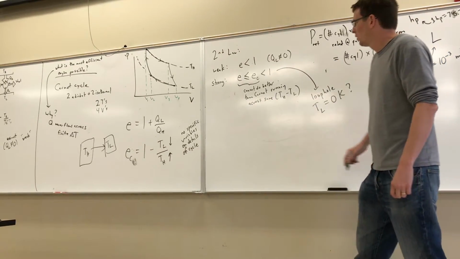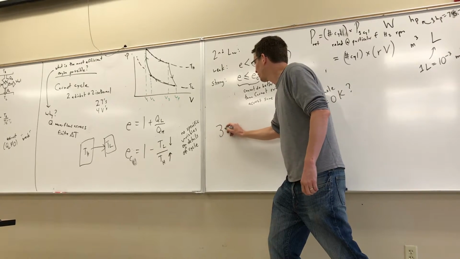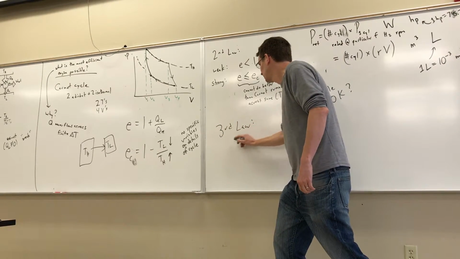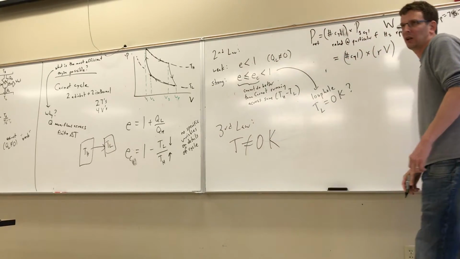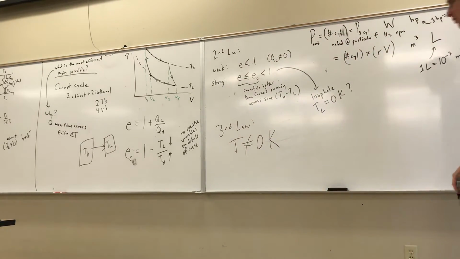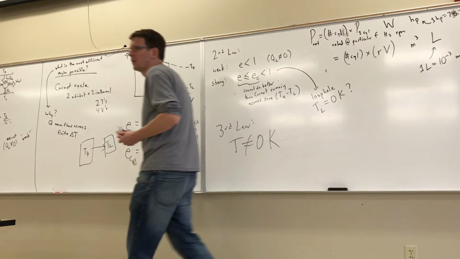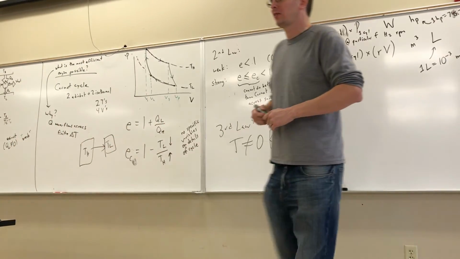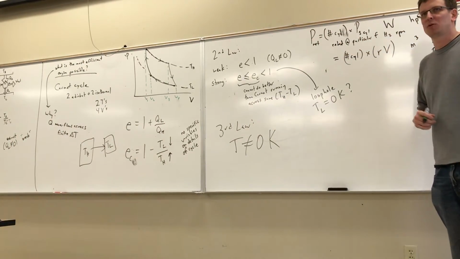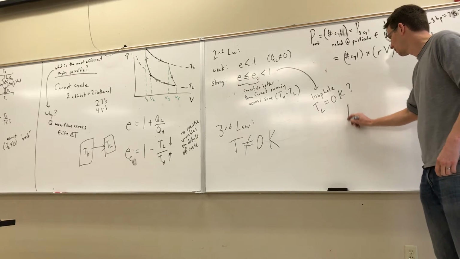This is where we get the third law, which says temperature can't be 0 Kelvin. So it closes the loophole. You can't get down to 0 Kelvin. We'll talk about why that is next time when we talk about fridges, but let me just leave you with this. If the Carnot cycle is the most efficient engine possible, why don't we just put it in our automobiles?